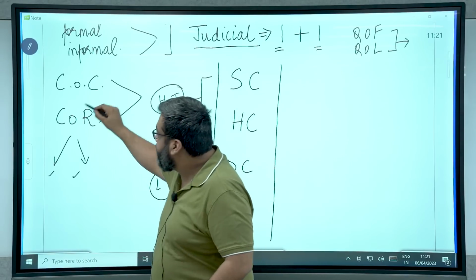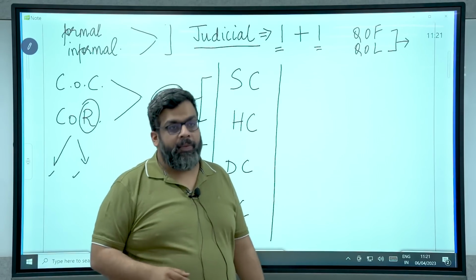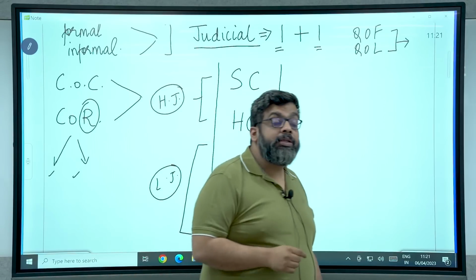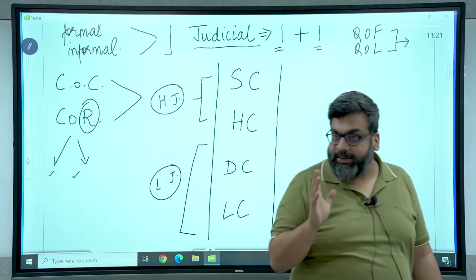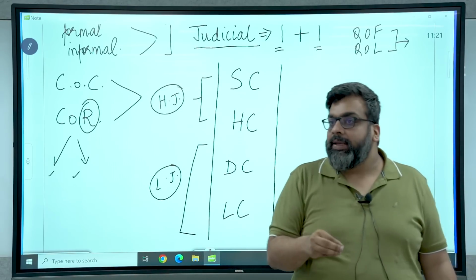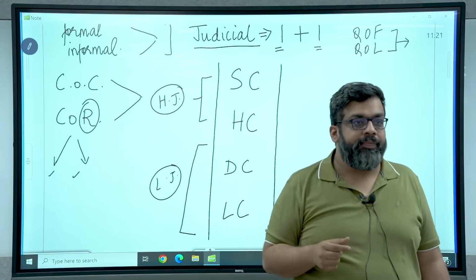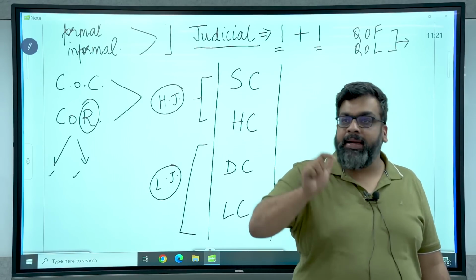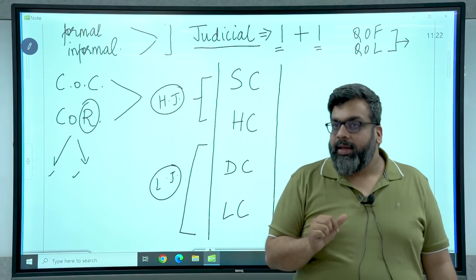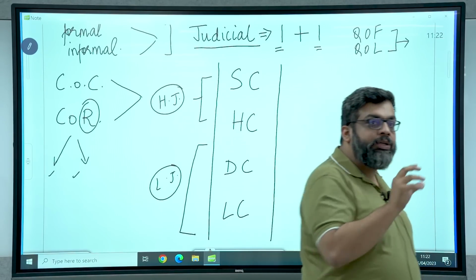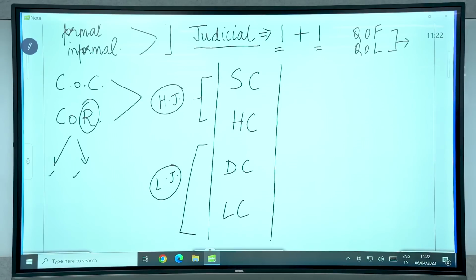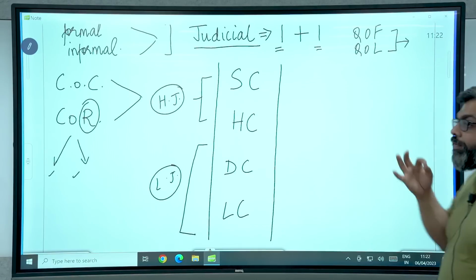The origin of this is common law, because we follow what is called the doctrine of stare decisis, the emphasis on judicial precedent, judge-made law. If you want a country to have judge-made law, you better, under all circumstances, give legal sanctity to the order of the court. So that is what is called a court of record.